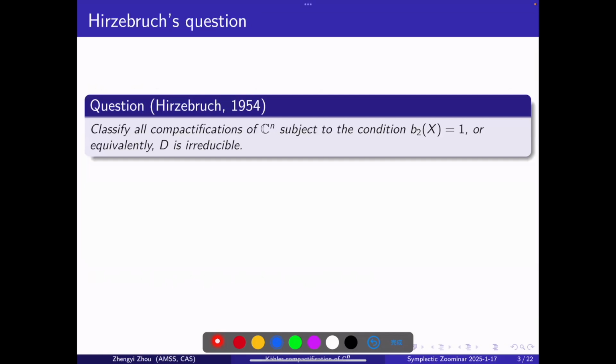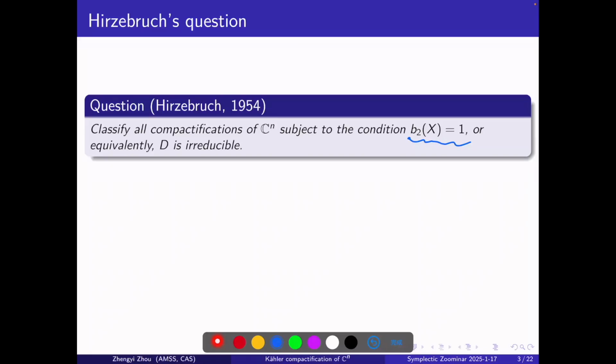So the actual problem proposed by Hirzebruch is the following. Asking for all the compactifications of Cn is not a finite problem, because you can always blow up a point or blow up a subvariety in D, which will not change the complement. So we have to rule out that possibility. One way to do that is to impose the condition that B2 of your compactification is 1.